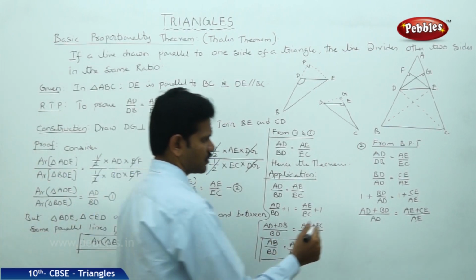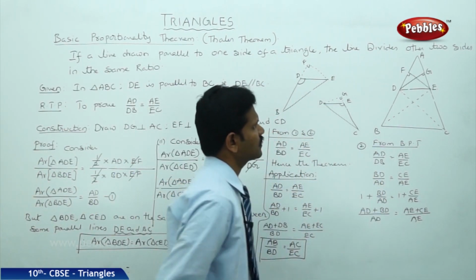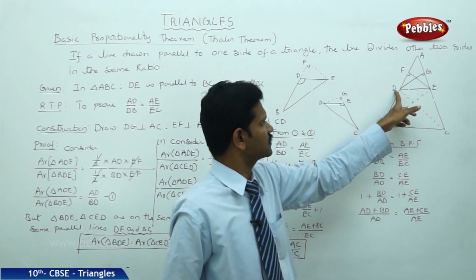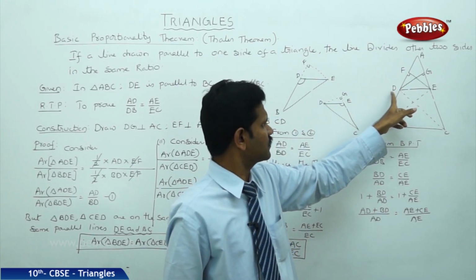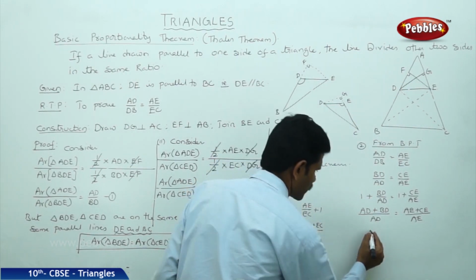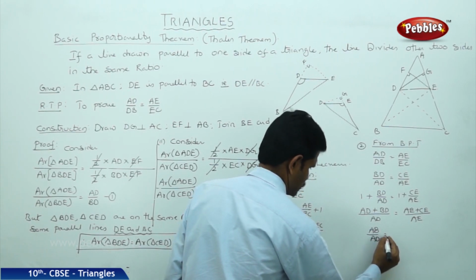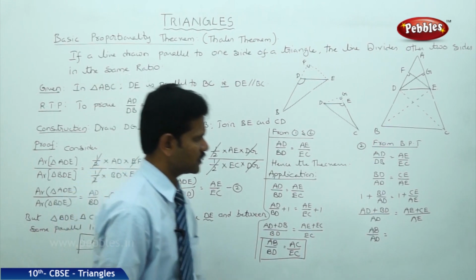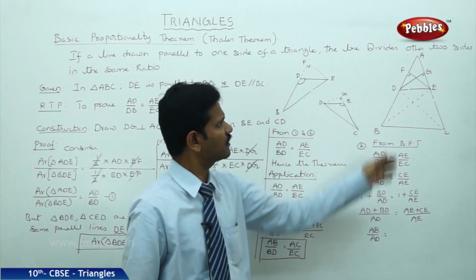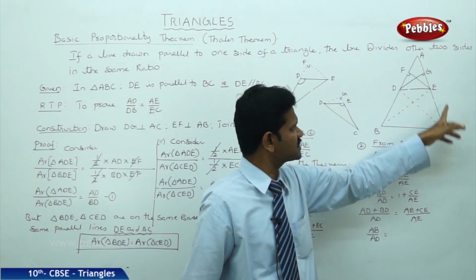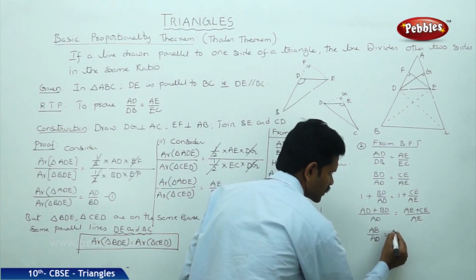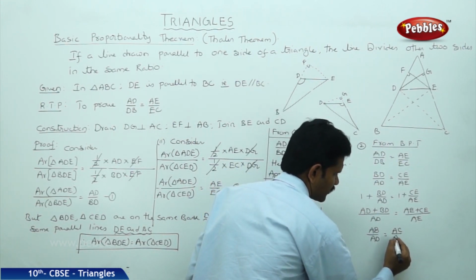That is AD plus BD, which gives you AB by AD, is equal to AE plus CE, which gives you AC by AE.